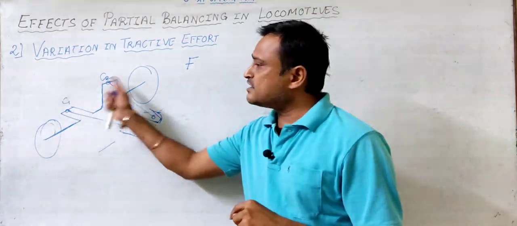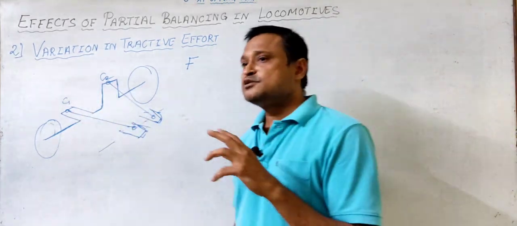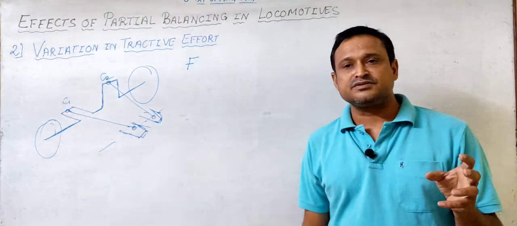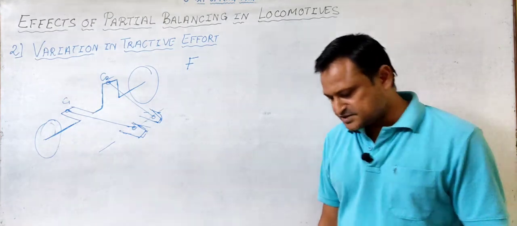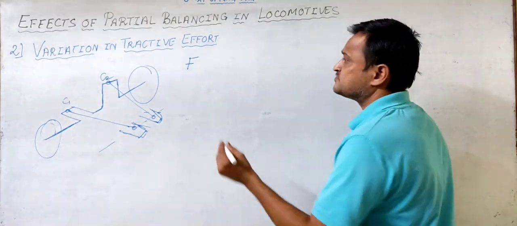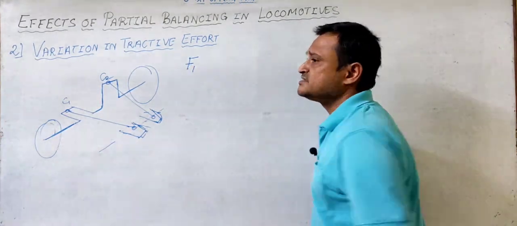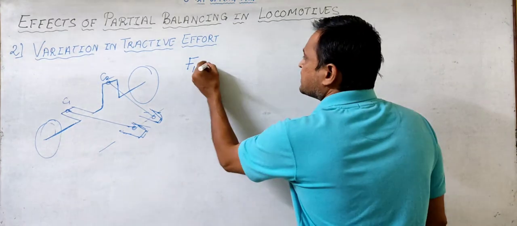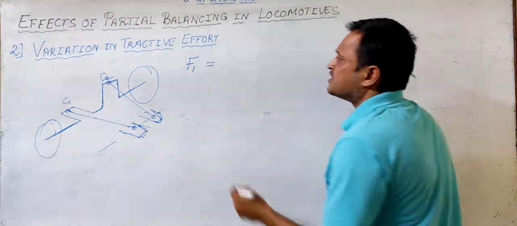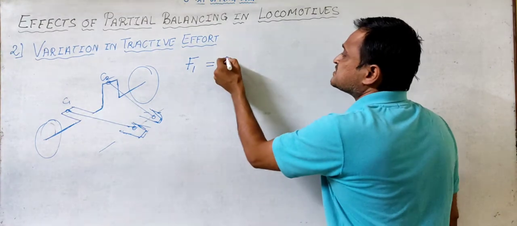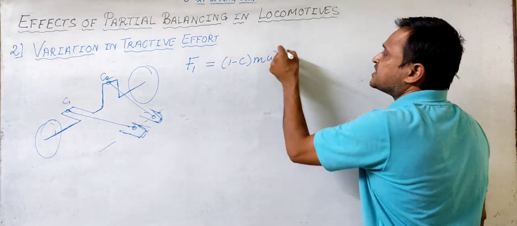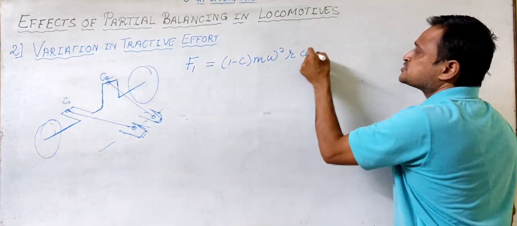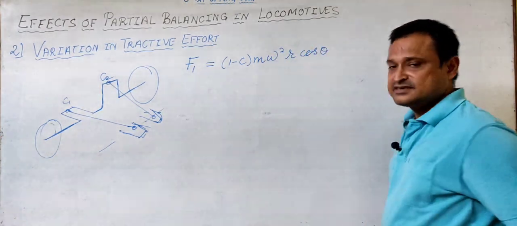So when there are two cylinders, there will be two components of the forces, or unbalanced forces, in the system. Say this is the first magnitude of unbalanced force in the system, which will be (1 minus c) times m omega square r cos theta, right?